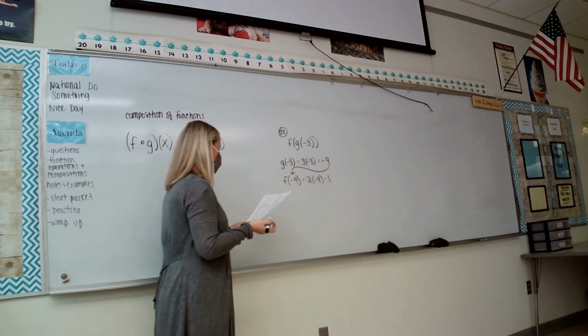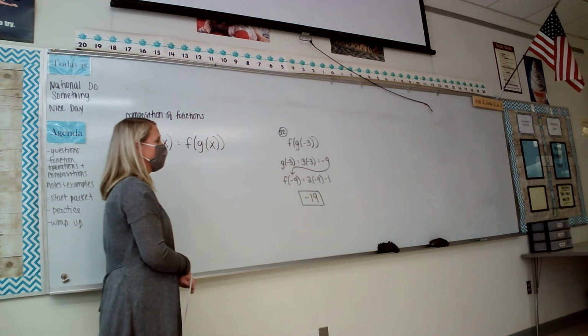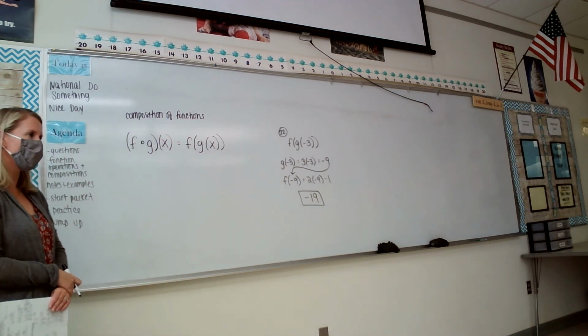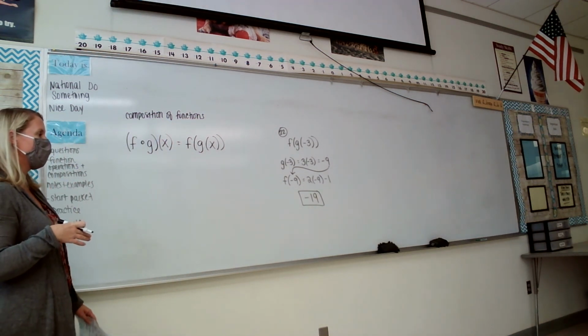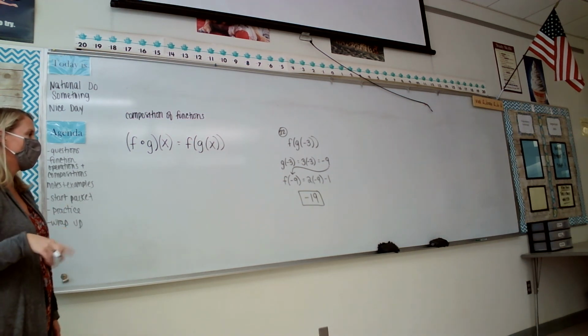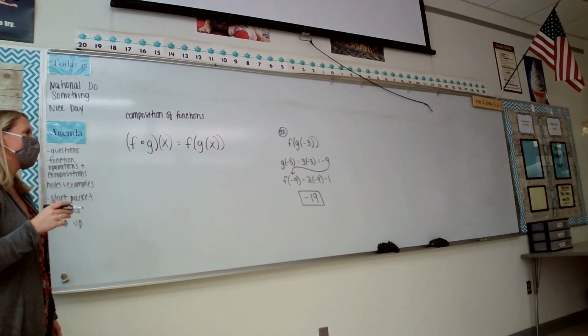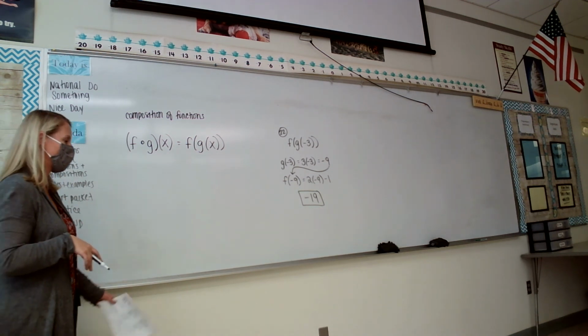That gives me -18 minus 1, so my final answer is -19. So when we compose, we work from the inside out. We evaluate the inside, whether it's a number or a variable, and then take that answer and plug it into the outside.